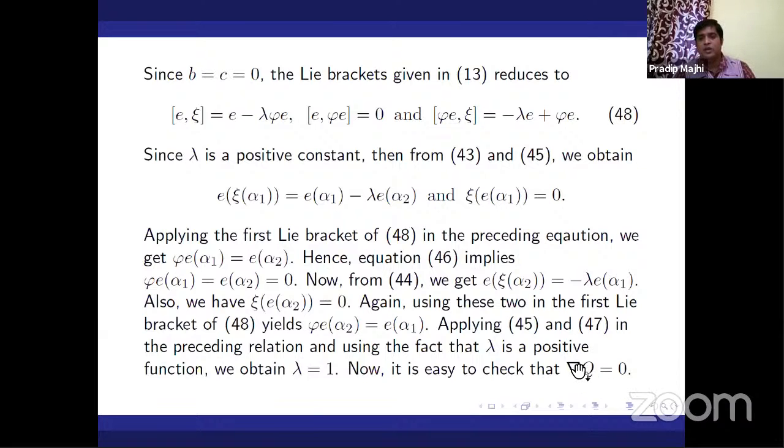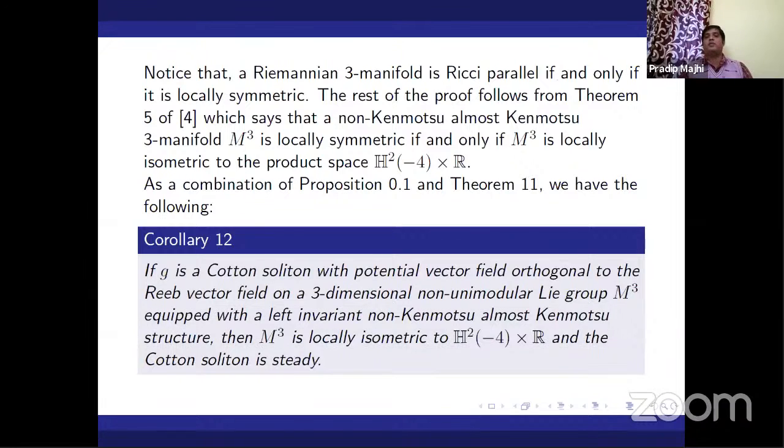Here nabla is the Levi-Civita connection. And it is known that in a three-dimensional Riemannian manifold, a manifold is Ricci parallel if and only if it is locally symmetric. And it is known by Professor Cho's result, a Korean mathematician, that a non-cosymplectic almost cosymplectic 3-manifold M3 is locally symmetric if and only if it is locally isometric to this product space.